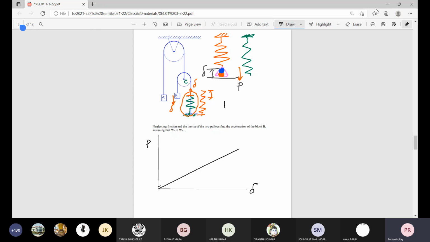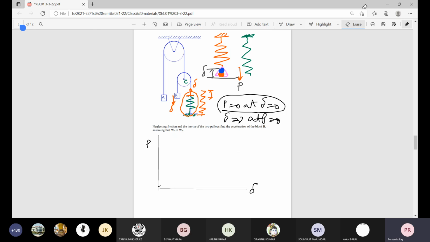So P is 0 when there is no extension of the spring, or delta is 0 when P is 0. You get my point? So physically or experimentally, you need to measure the values of delta for different applied loads.